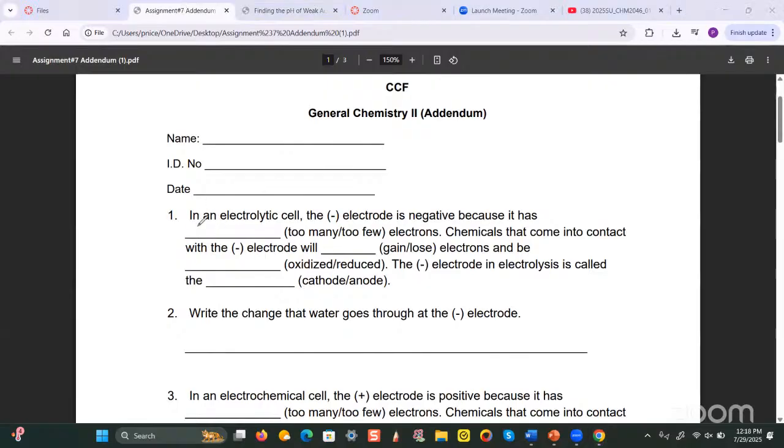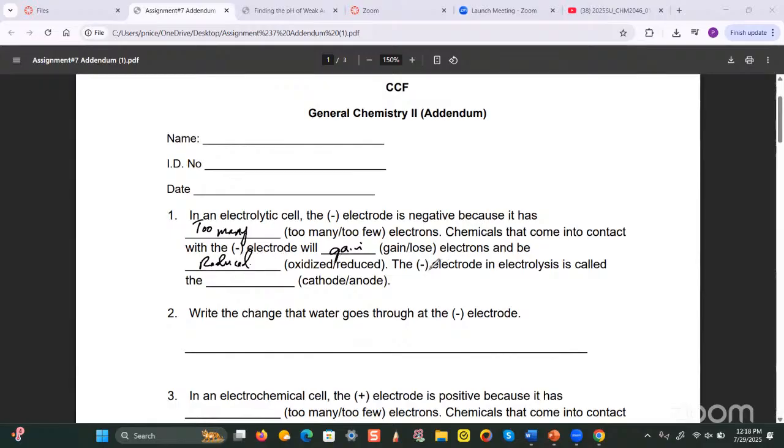So too many would be the answer here. Chemicals that come into contact with the negative electrode will, what? Gain or lose electrons? Gain electrons. And is it oxidized or reduced? Reduced.